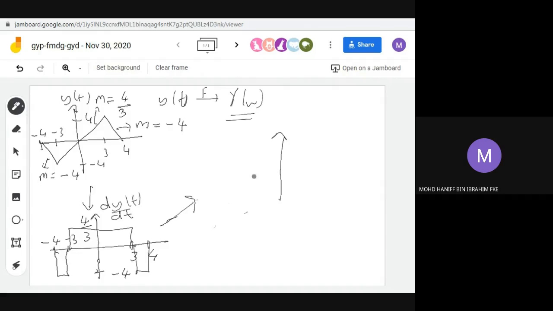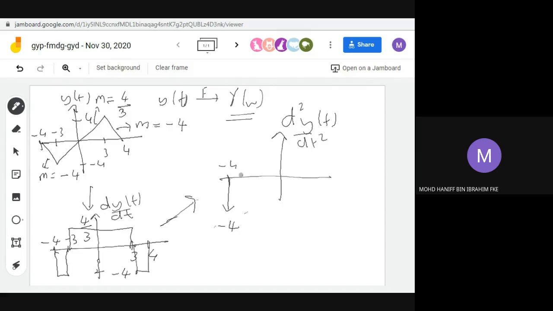For the second order differentiation, we have d squared y(t)/dt squared. If we differentiate this step from 0 to -4, at -4 we get a negative impulse with -4 amplitude.